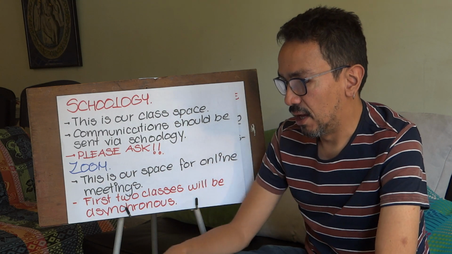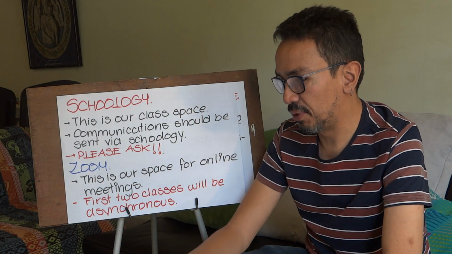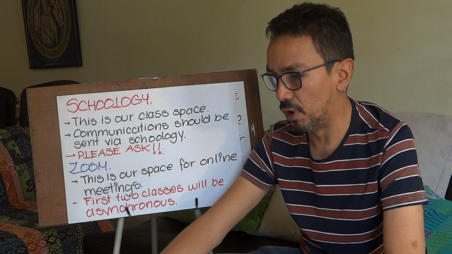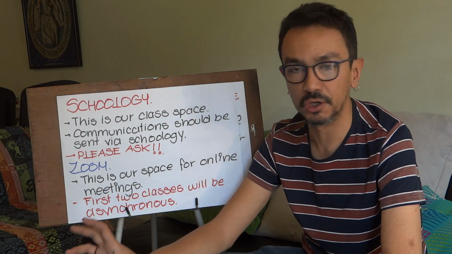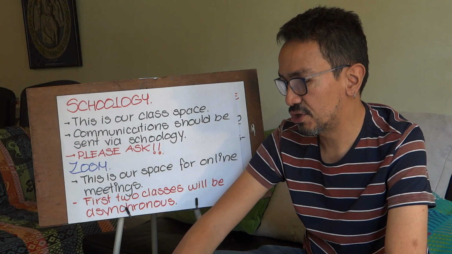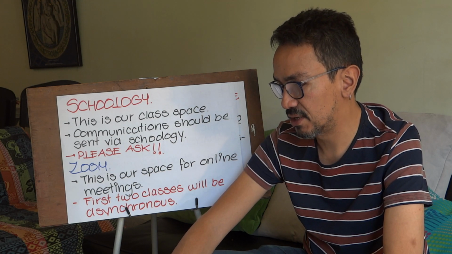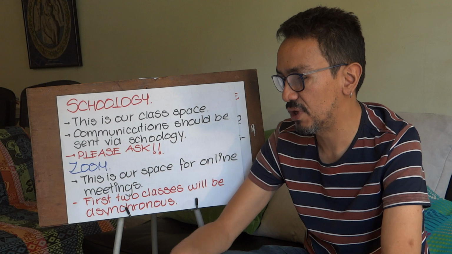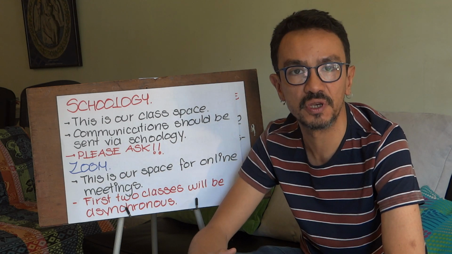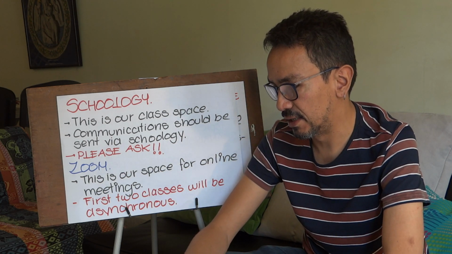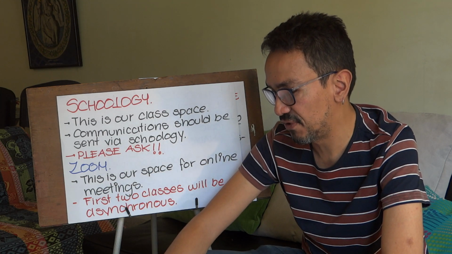Good. You are going to find a couple of folders in Schoology. Number one, you have one called course documents, and in the course documents you have the course program, so what we are supposed to do, the topics we are going to be working on, very specifically.